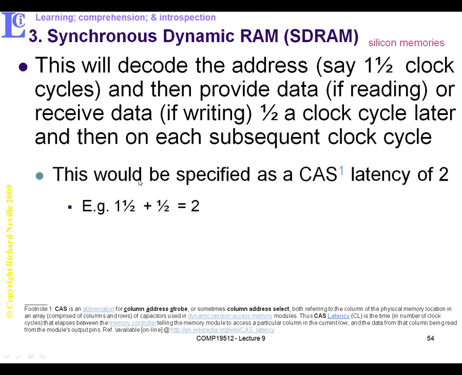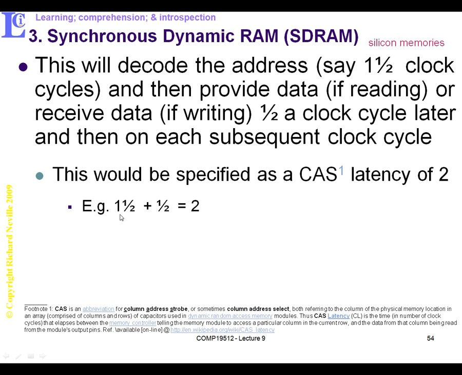This is specified by the column address strobe, which we talked about in the diagram we've previously seen, where we find the column address and then the row address. So the address is set up, we strobe it into memory, and it's called a latency of 2.